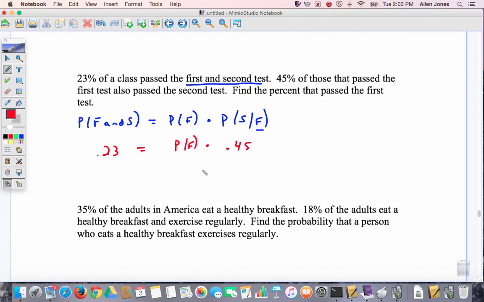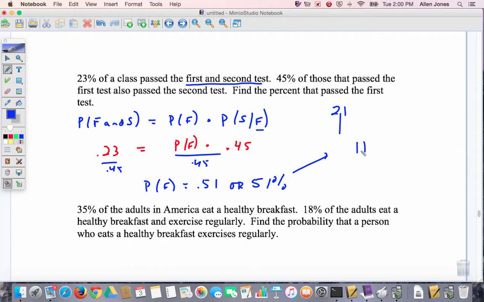Of those, 45% passed the first and the second test, so 45 here, which means we need to find out who passed, or what percent of the class passed, the first test. So here, I'm going to divide by 0.45 to get the first test by itself, and the probability of passing the first test is about 51% or 0.51.